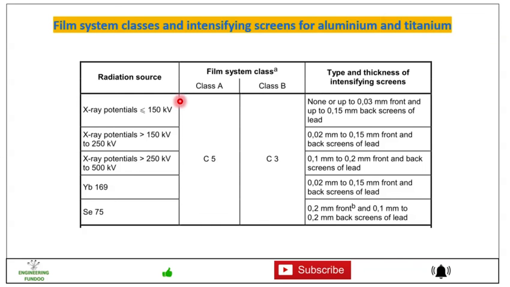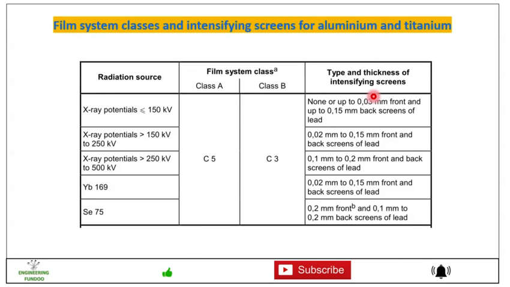Then film system classes and intensifying screens for aluminum and titanium, and for radiation source X-ray potentials less than or equal to 150 kV. Film system class is class A for C5, and for class B it is C3.